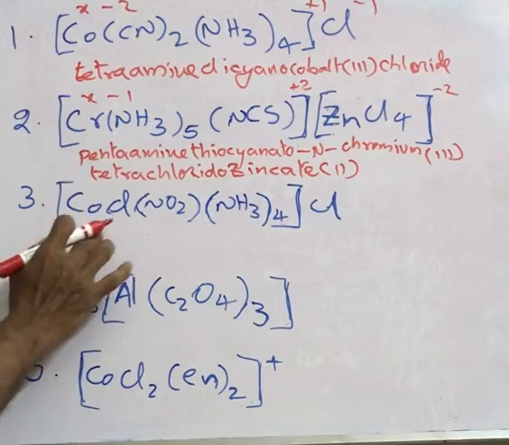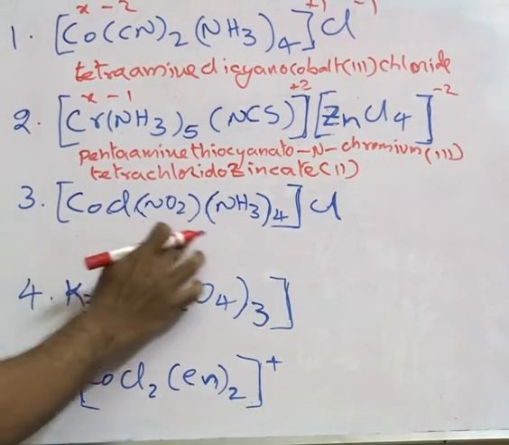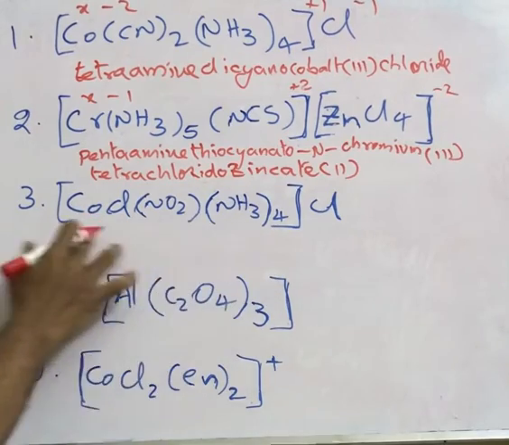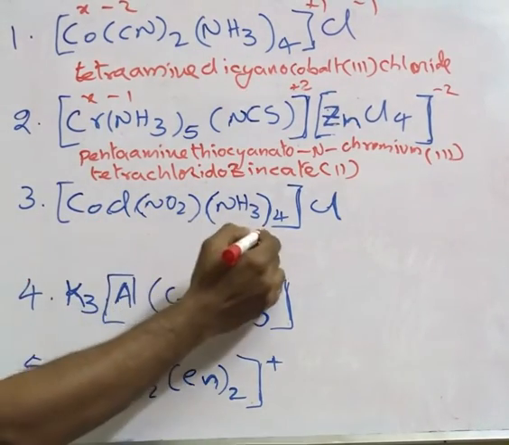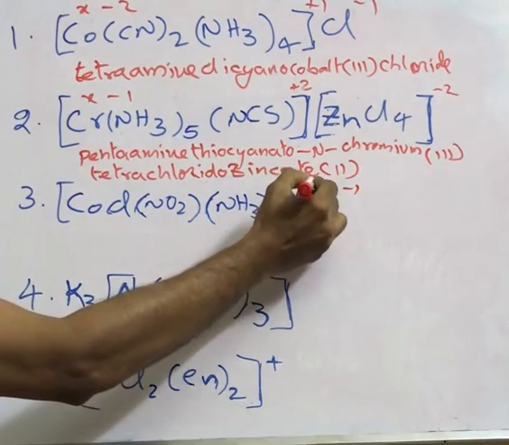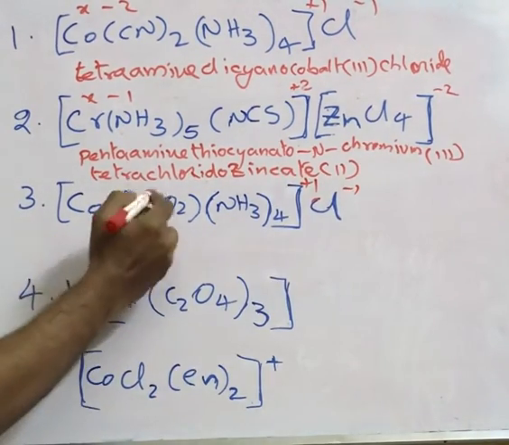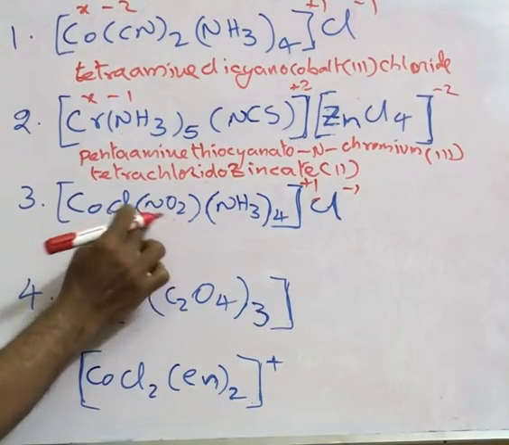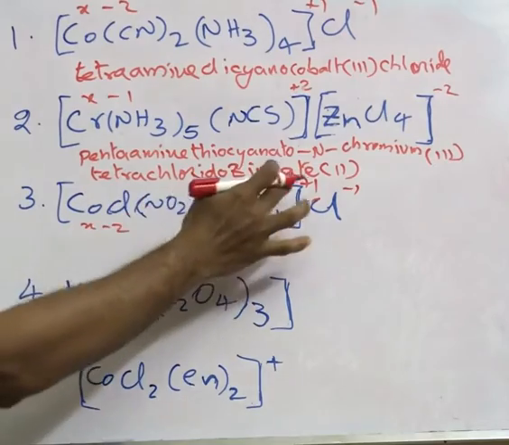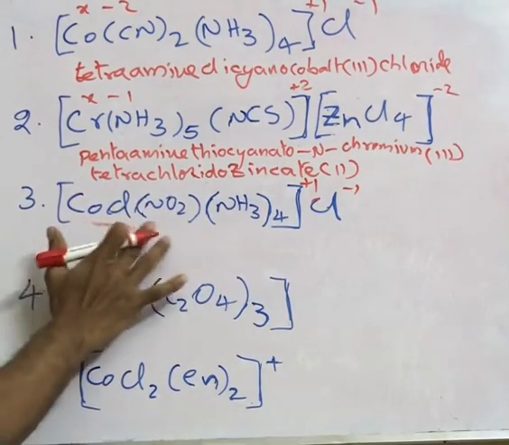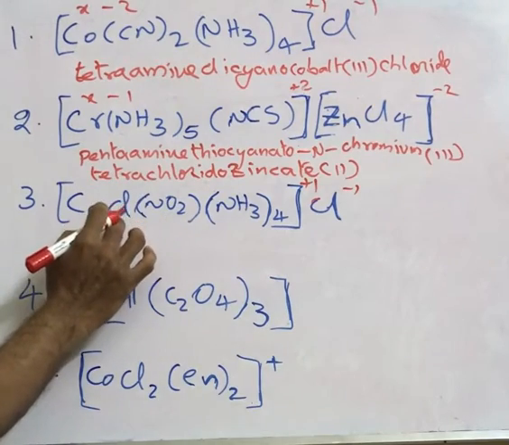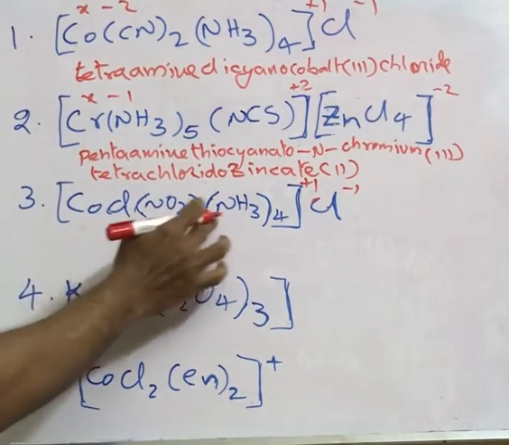The next one, if you can see, is CoCl(NO2)(NH3)4 times Cl. Once again we need to find out the oxidation state. Chloride is -1, so this group becomes +1. Nitro group is -1, chlorine is -1, so -2, ammonia is neutral. X -2 equals +1, so X equals 3. Correct? So you need to write chlorido, nitrito, amine.